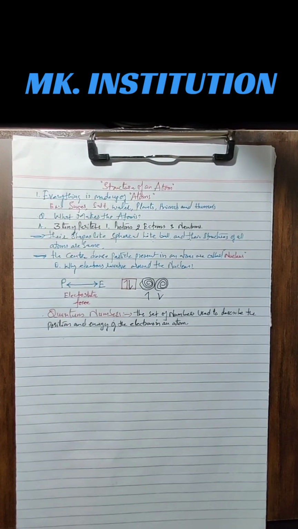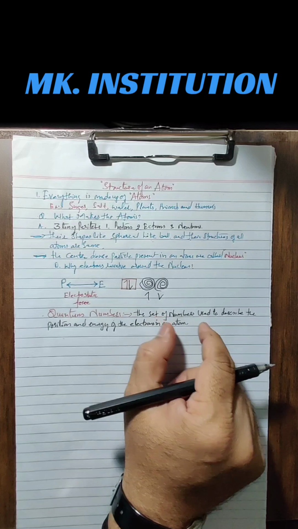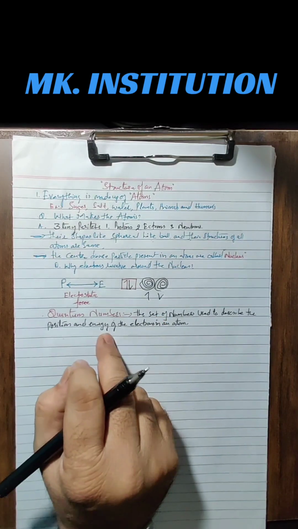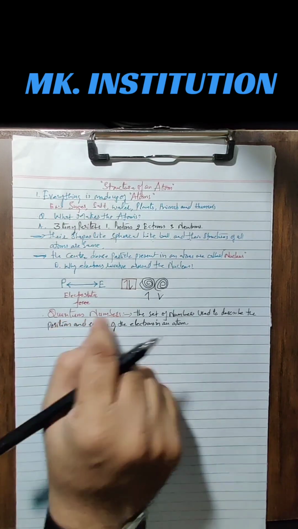This is the definition of a quantum number: the set of numbers used to describe the position and energy, where the electron is present and how much energy is present in it.